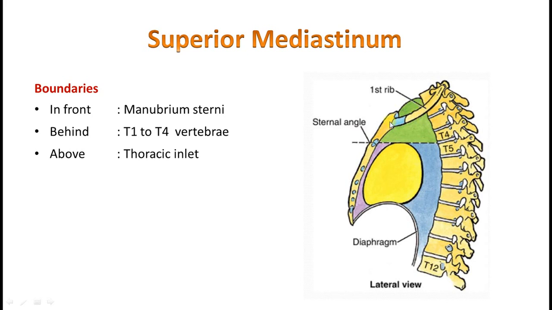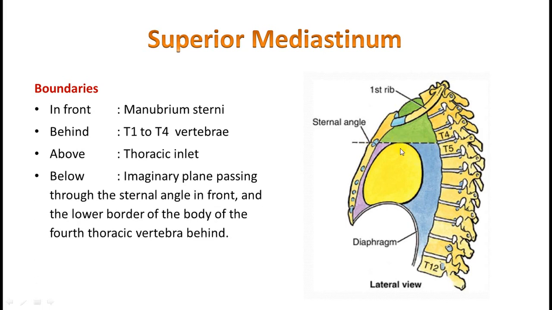Below it is the imaginary plane passing through the sternal angle in front to the lower border of the fourth thoracic vertebra. So these are the boundaries of the superior mediastinum. In front, manubrium sterni, behind, upper four thoracic vertebrae, and on either side, the mediastinal pleura.